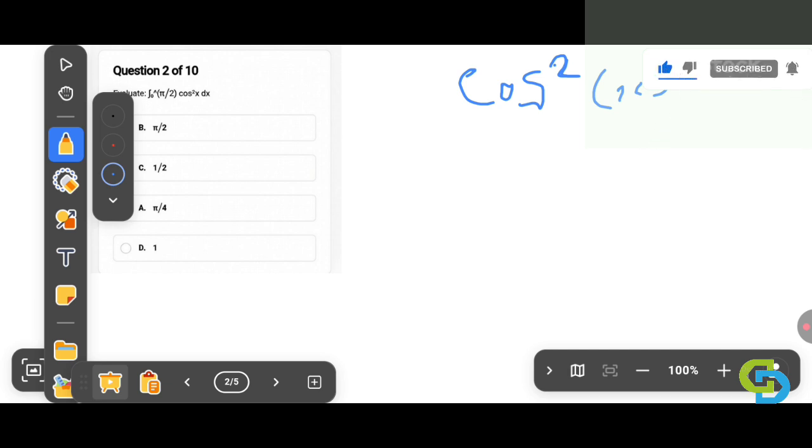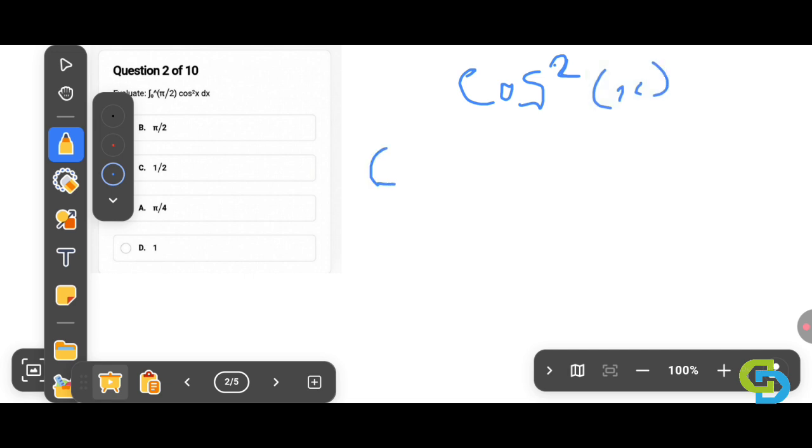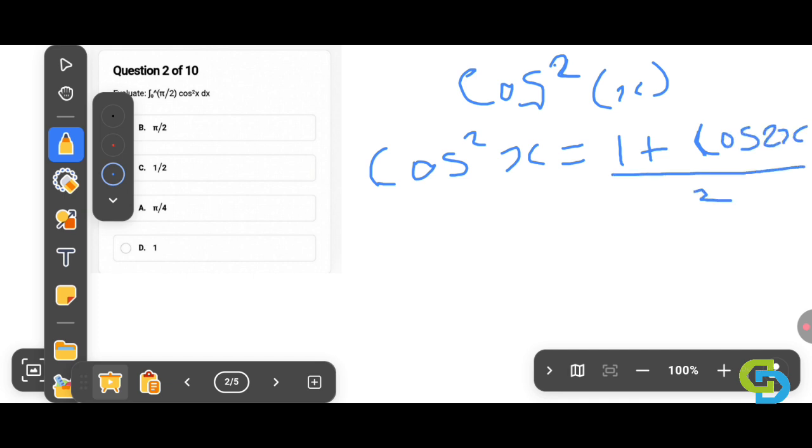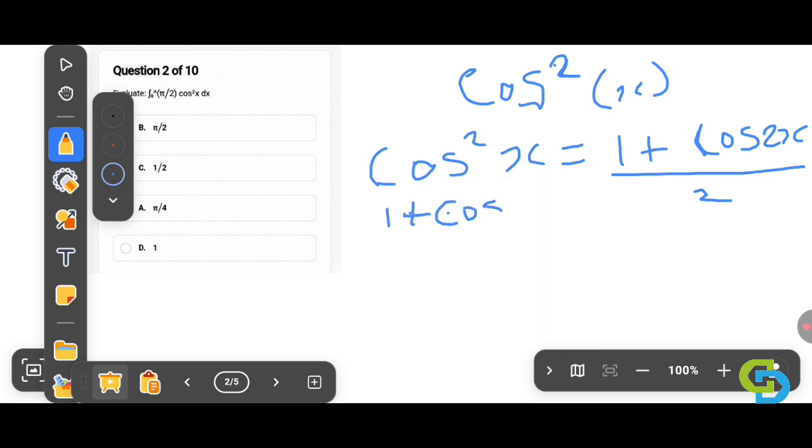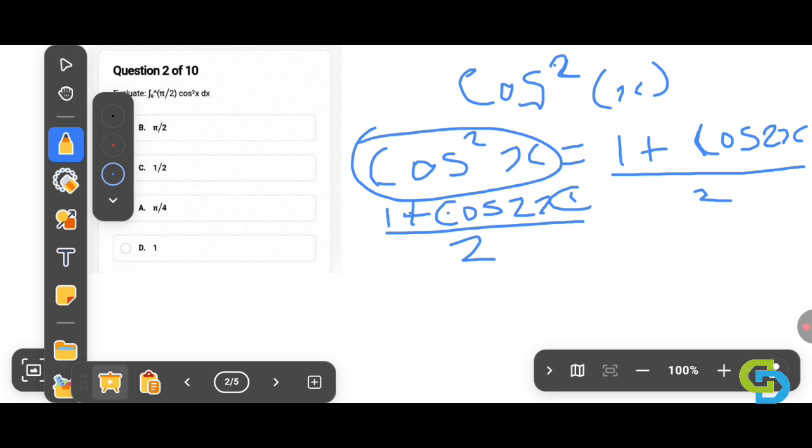In integration, cos square x is the same thing as 1 plus cos 2x all over 2. So it's this 1 plus cos 2x all over 2 that we're going to be using throughout the equation. We're not going to touch this cos square x.